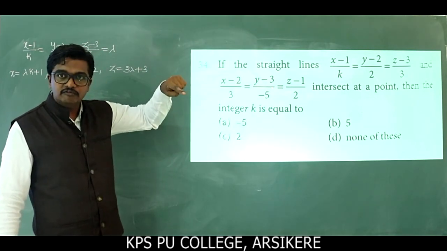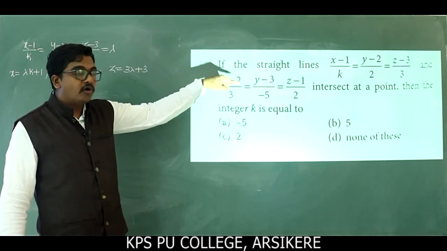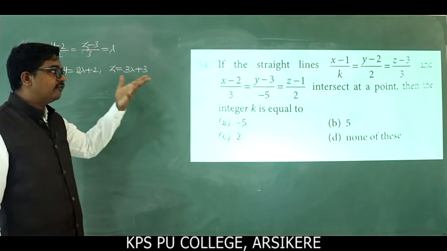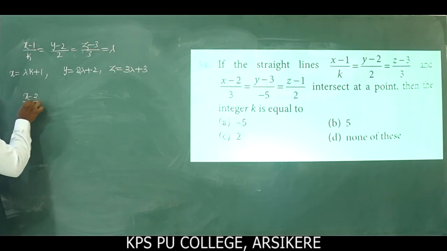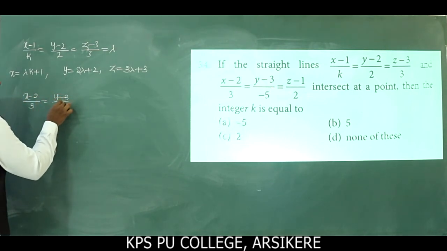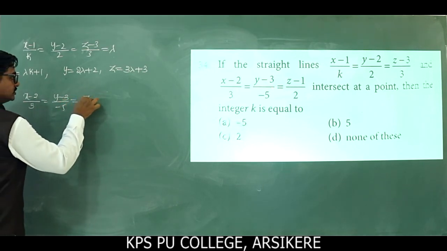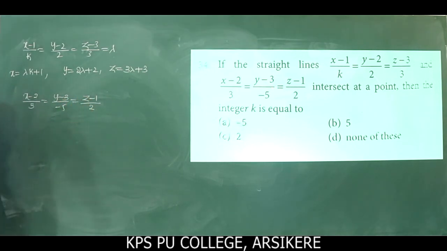In that case we found the point of intersection, but here we need to find the value of k if they intersect. So therefore second equation (x minus 2)/3 = (y minus 3)/(minus 5) = (z minus 1)/2. Replace x, y and z value here.